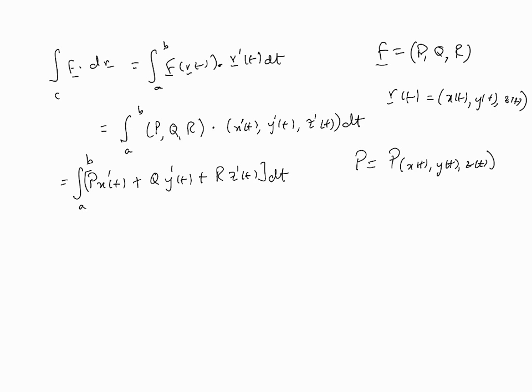Now if you remember, that's the same as this integral. In fact, if I can show you, this was another notation for just p dx plus q dy plus r dz. In fact, that's what it is. So that's just an interesting connection between the two ideas.